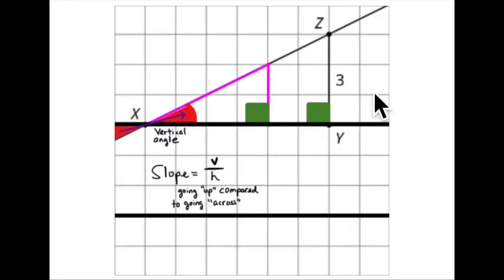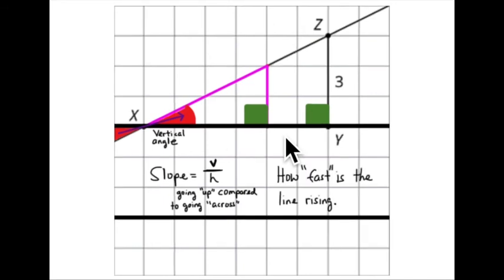So that means that you can use that information to figure out the length of x, y. Because they're similar triangles, they have the same slope, so they're going up compared to going across. So the slope is the vertical length compared to the horizontal length. So how fast or how far is it moving up the y-axis compared to how far it's moving along the x-axis?